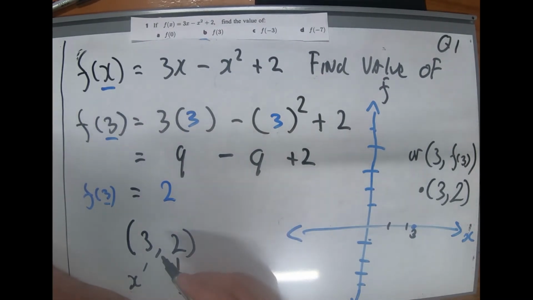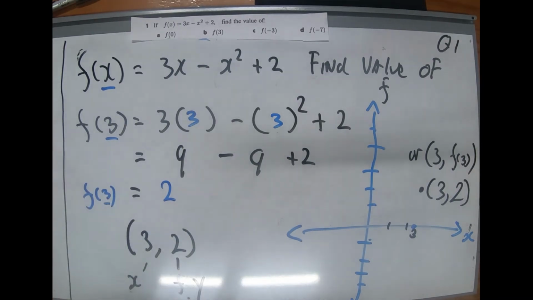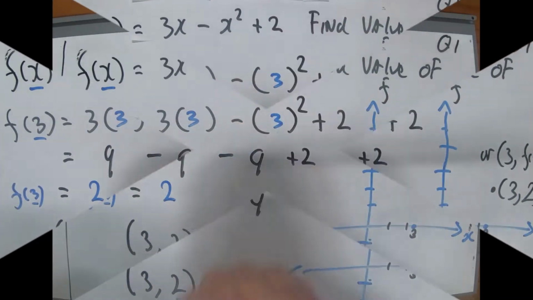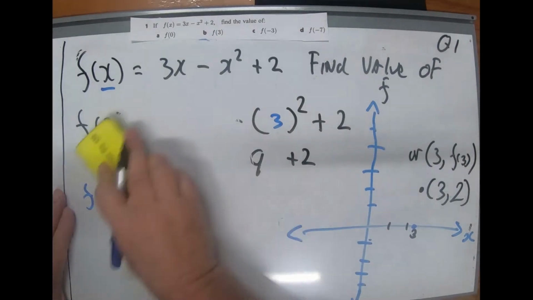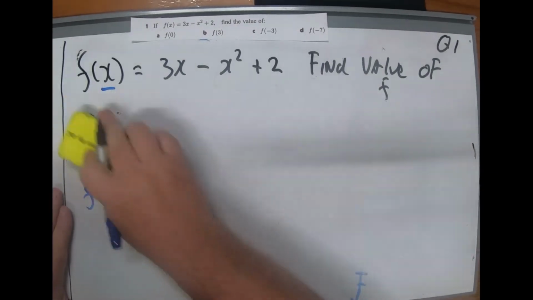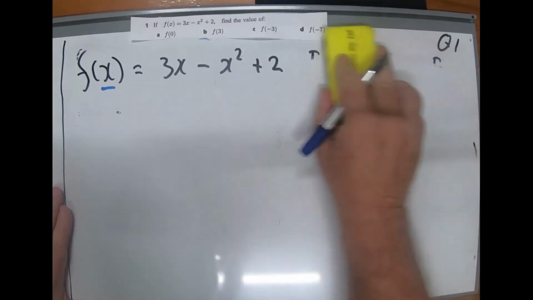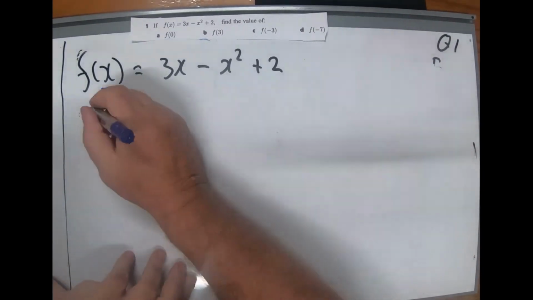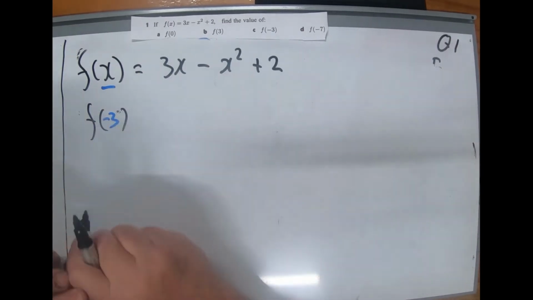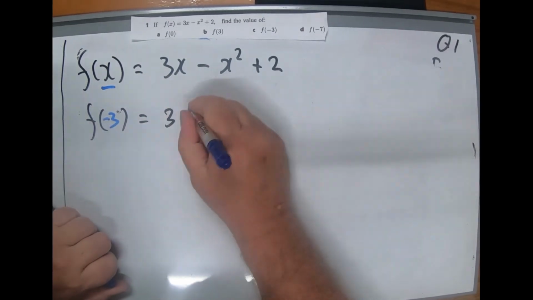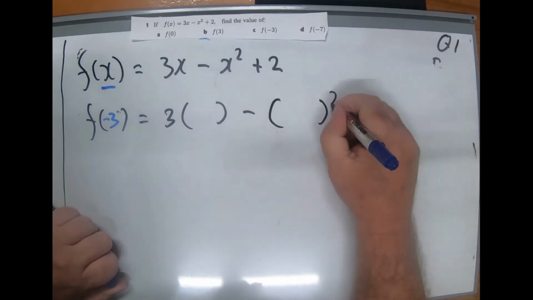I'll quickly go through a couple more. So f of minus 3 equals 3 bracket take bracket squared plus 2.